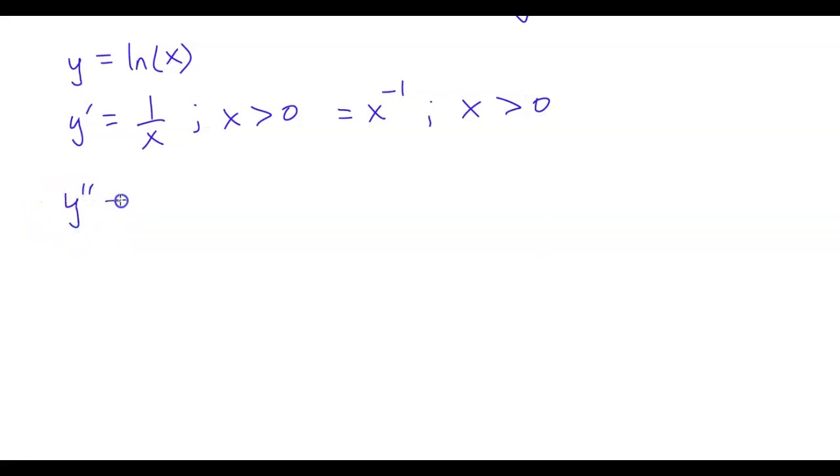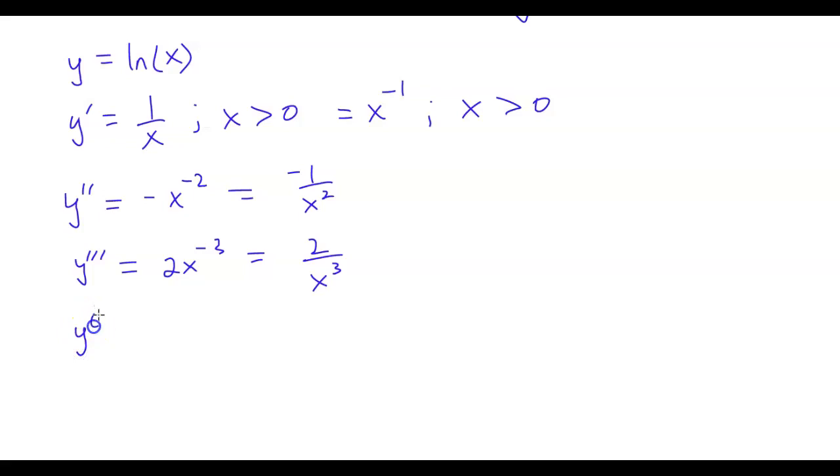If we took the second derivative, notice this would be negative x raised to the negative 2, which is the same as saying this. If I took the third derivative, this would be just 2x raised to the negative 3, or 2 times x raised to 3. And if I did the fourth derivative, then I will have negative 6x raised to the 4.